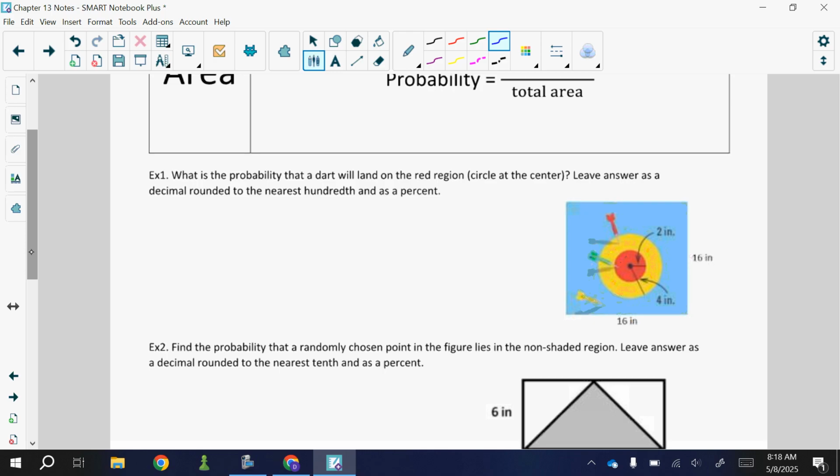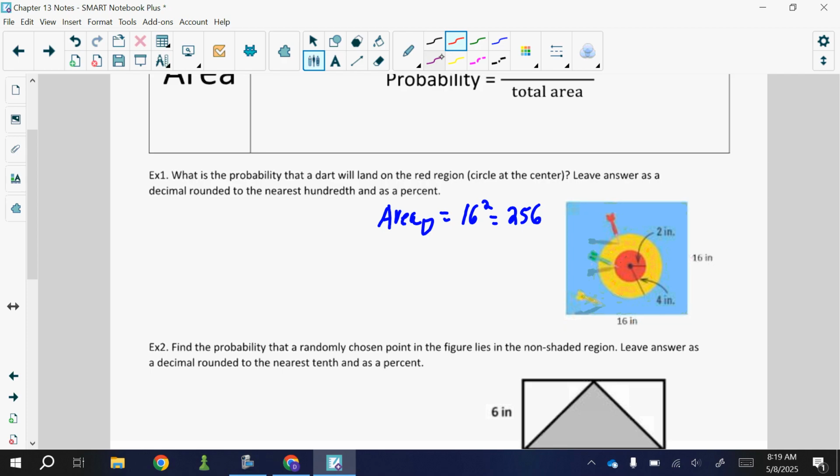We're assuming this whole thing's a dartboard, right? So the whole area of the dartboard will just be 16 times 16. So 16 squared, which is 256.